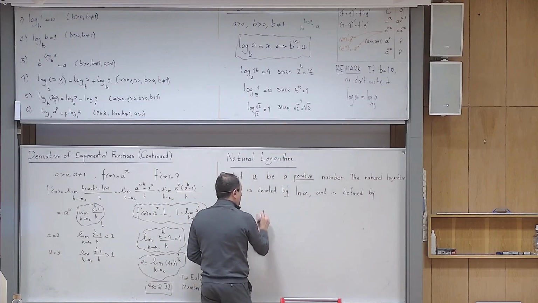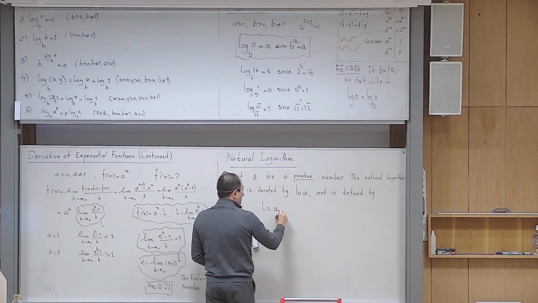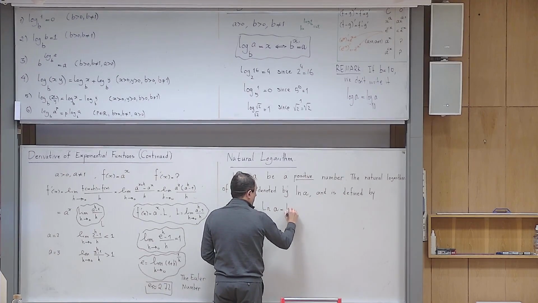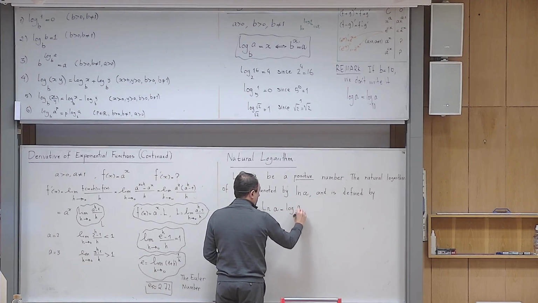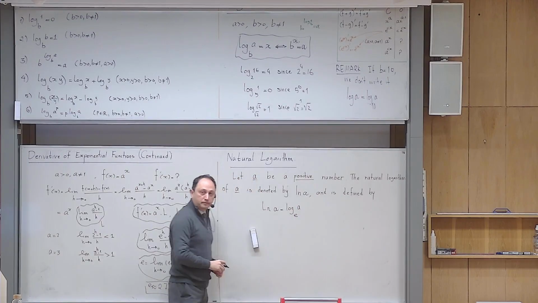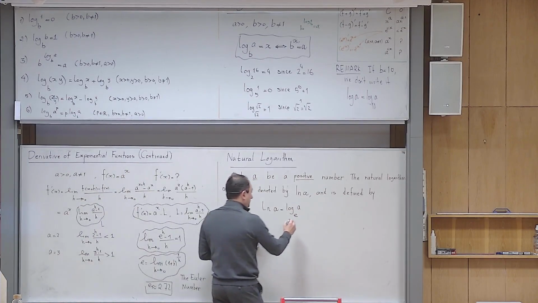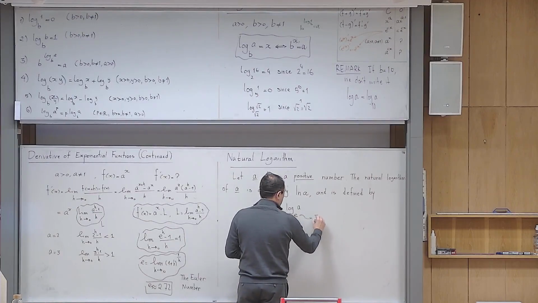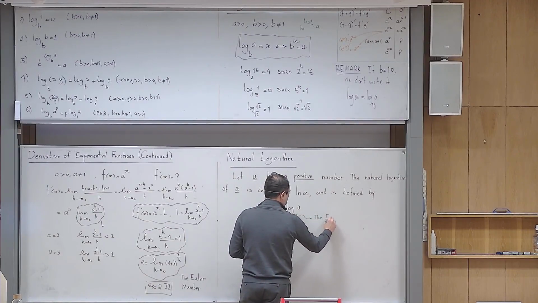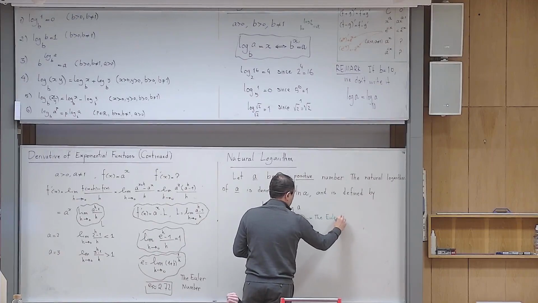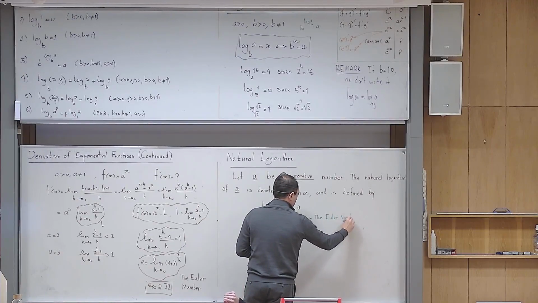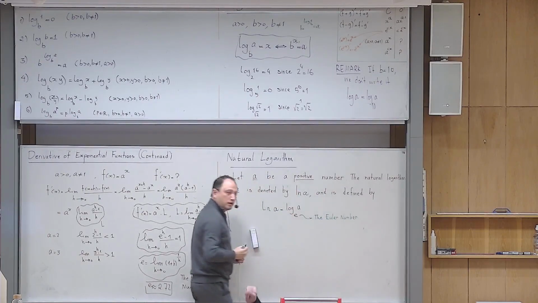When you see people write ln of a, they mean the logarithm of a to the base e. And the base e is the Euler number. So that's the definition of ln.